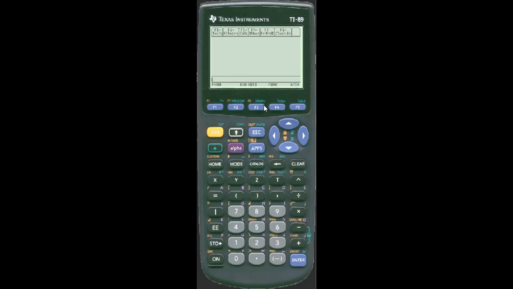Therefore, same as the previous example, let's use 1, 2, 3, 4, 5 for the year, or the x coordinate, and the number of deaths as given for the y coordinate. Right? So if you do a few examples using the calculator, you may remember this procedure.